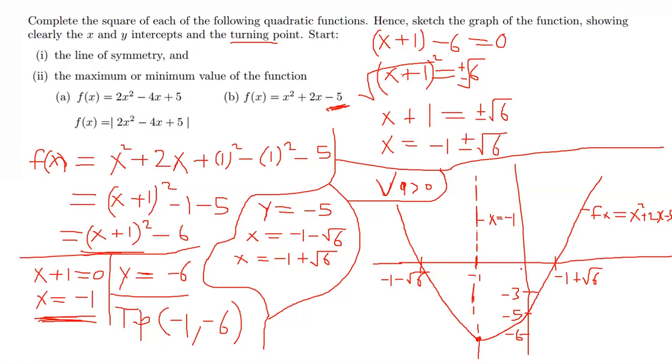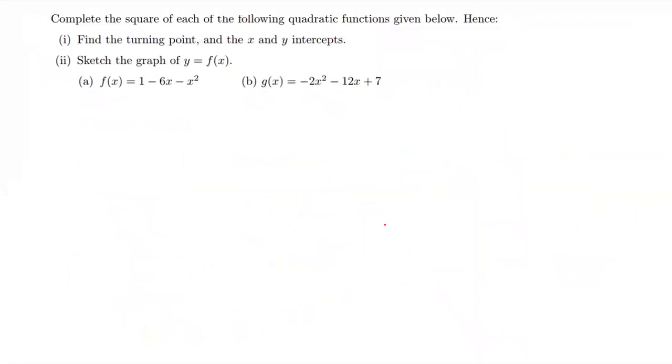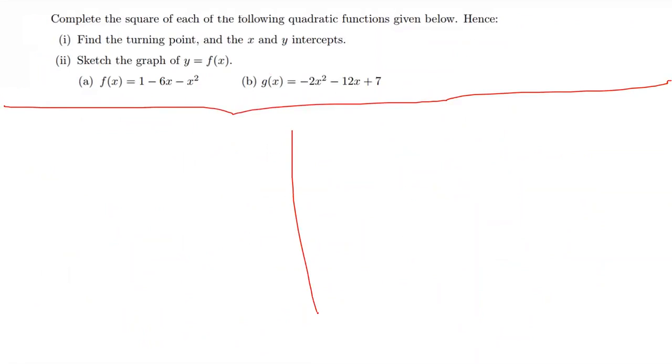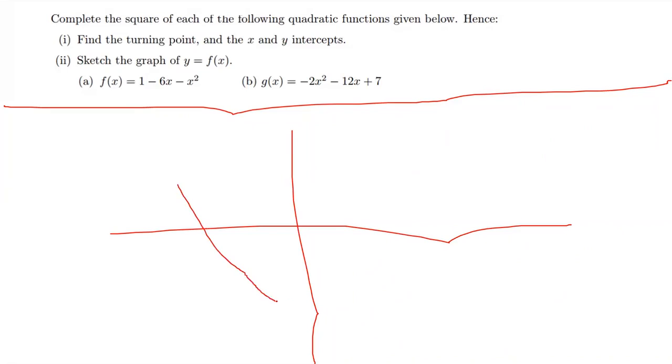And then apart from that, let me also explain this. If you sketch your graph, it comes out like the way the previous one has just come out. It came out like this.